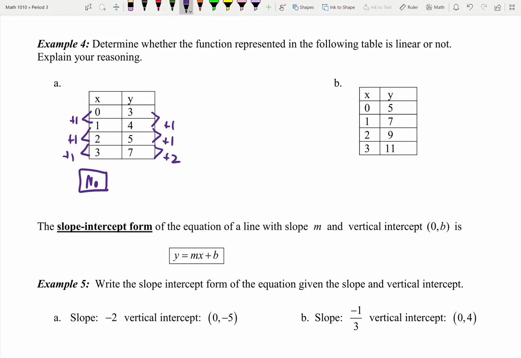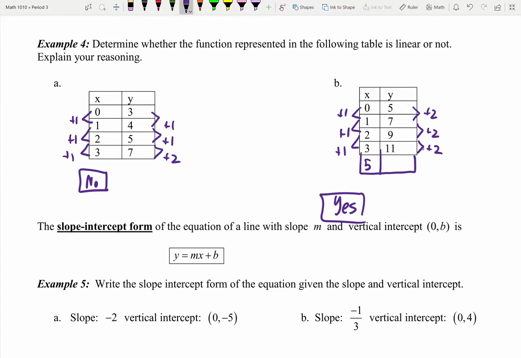Okay? Okay, look at this one right here. +1, +1, +1. They're all the same. Let's look over here. +2, +2, +2. Everybody in the room tell me. Yes, it is. Now I'm going to throw a little curveball at you. You ready? What if we had one more and it was 5?